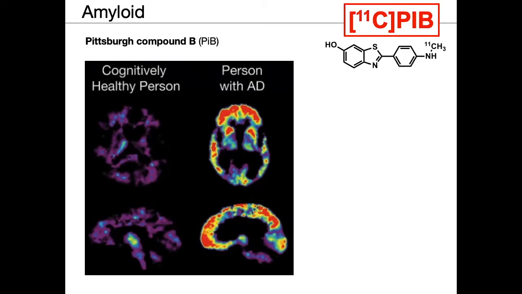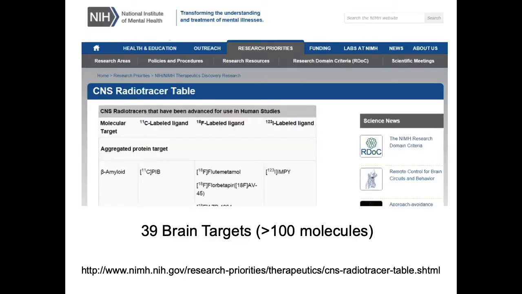And again, I just wanted to give you a couple of examples, but if you want to get a big spectrum of this, I would really refer you to this website from the National Institute of Mental Health. They have an updated list of overall brain targets and currently existing radiotracers.